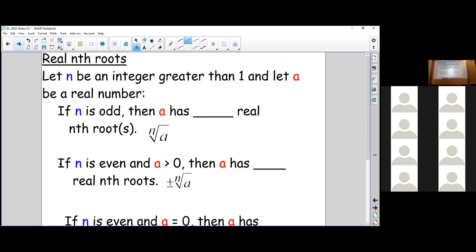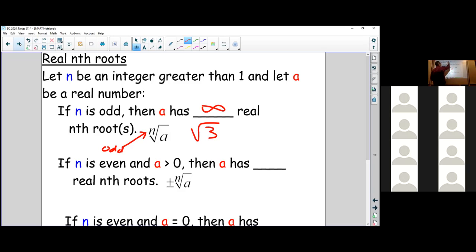Okay. nth roots: let n be an integer greater than 1 and a be a real number. If n is odd, then you have infinite real roots.